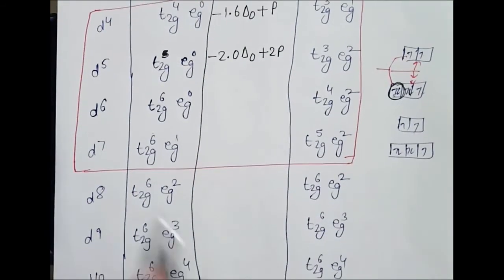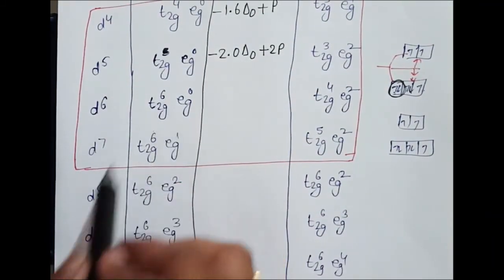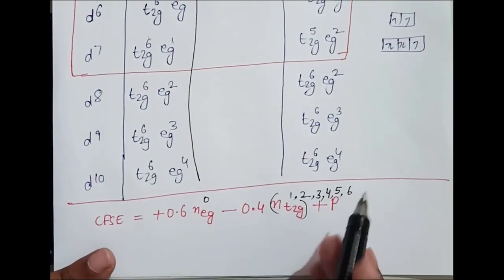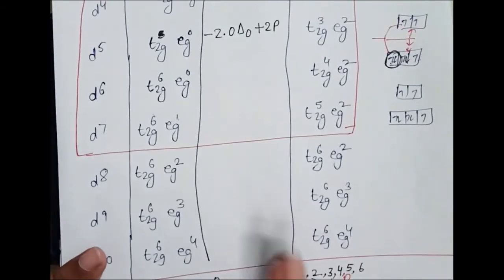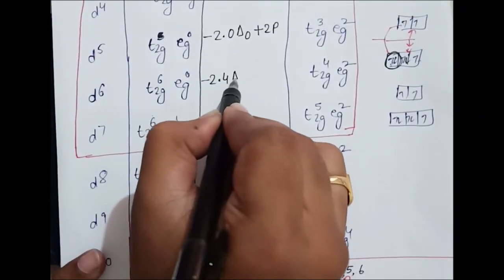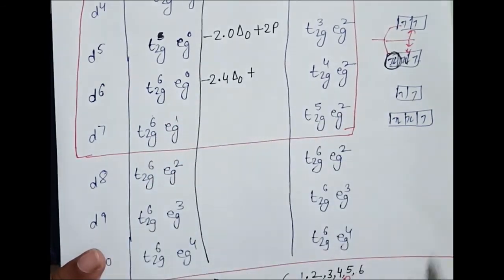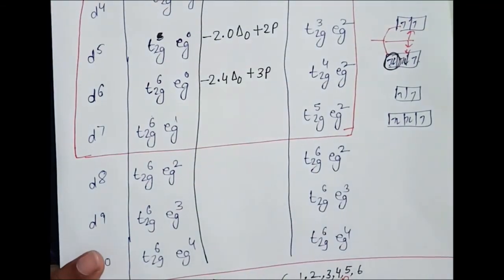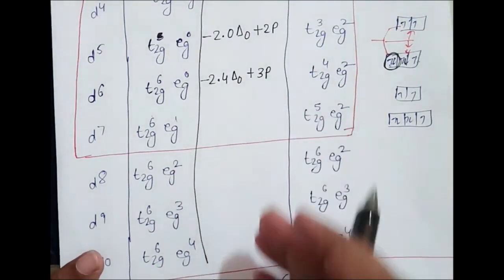Got it? Now D6, T2G6 Eg0. So Eg0, and in T2G you have to put 6 electrons. 6 into minus 0.4 is minus 2.4 del O, plus 3 electrons are paired, so I can put here 3P. So like this you have to complete the table.